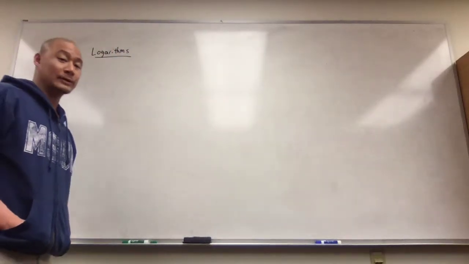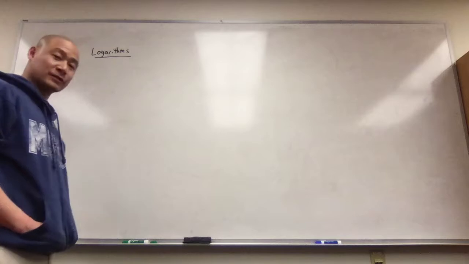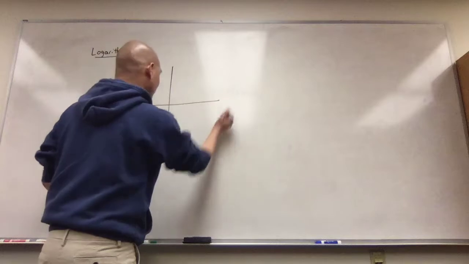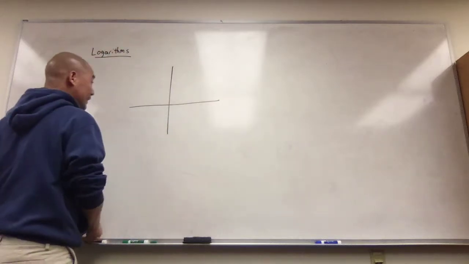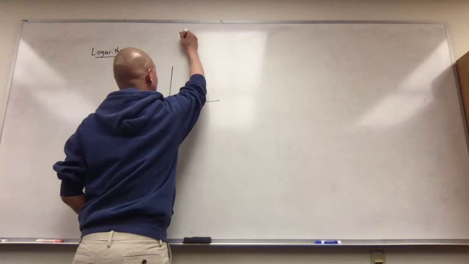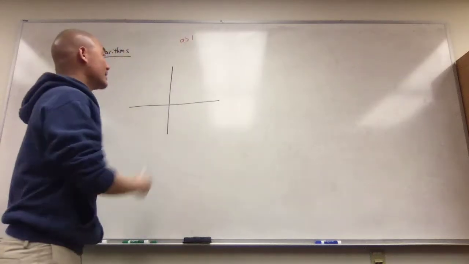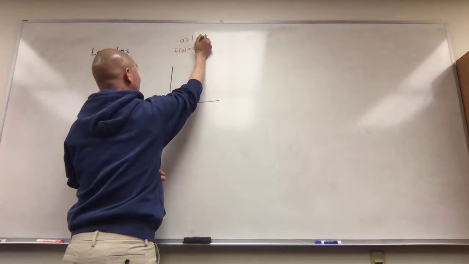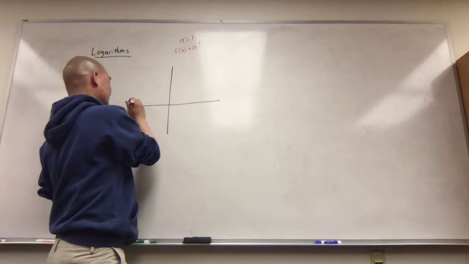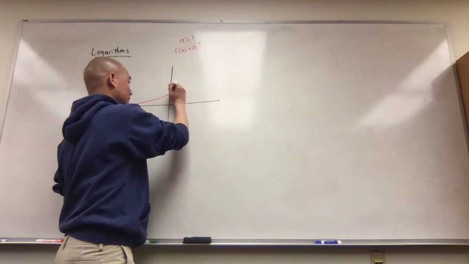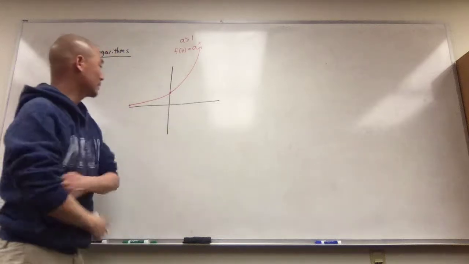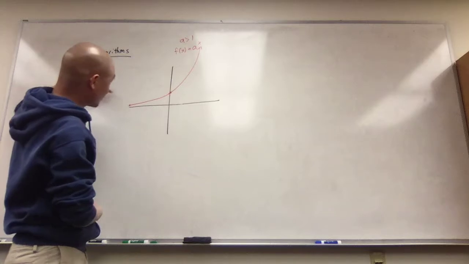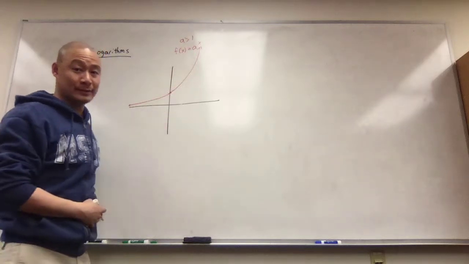So a logarithm is an inverse function of an exponential function. From the previous recordings and handouts, we know that if we have a constant a bigger than 1, then the function f of x equals a to the x can be represented as an increasing exponential function that is asymptotic to 0 this way and goes to infinity that way.